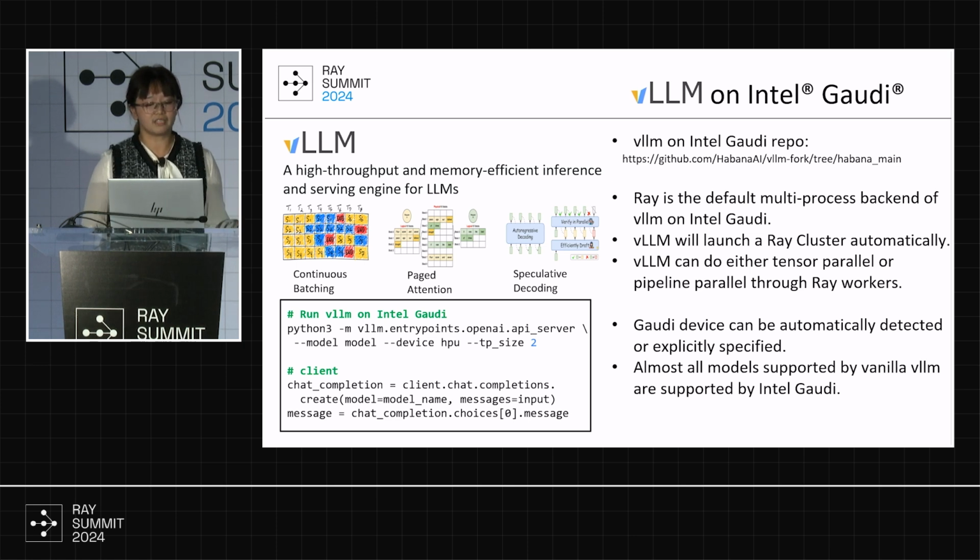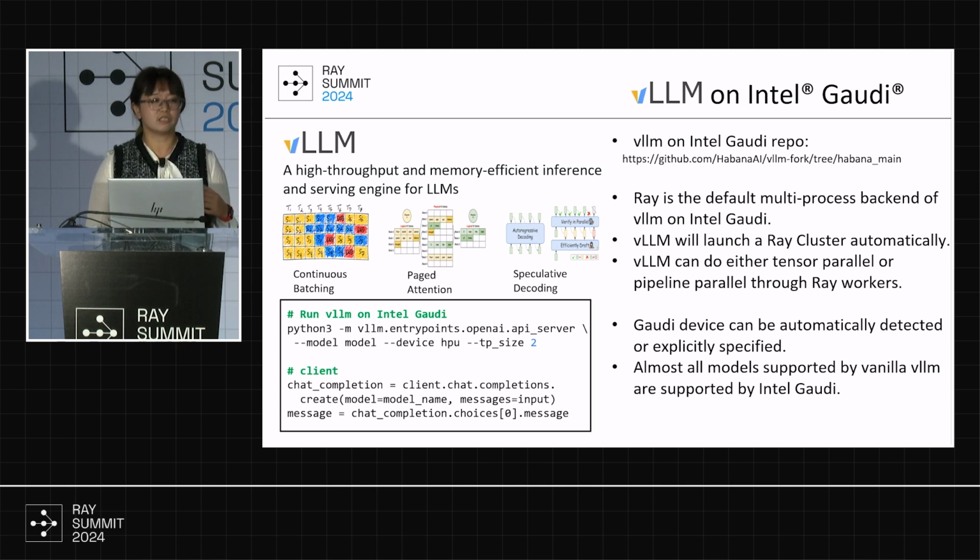For Intel Gaudi, we currently provide a vLLM fork project which can run vLLM on Gaudi. We are also submitting the PR to merge all the modifications to the vLLM main upstream. And Ray is the default multi-process backend in the vLLM Gaudi project for either tensor parallel or pipeline parallel.